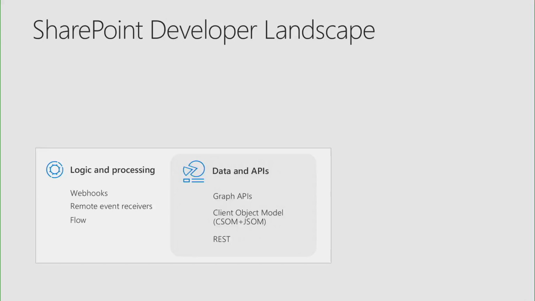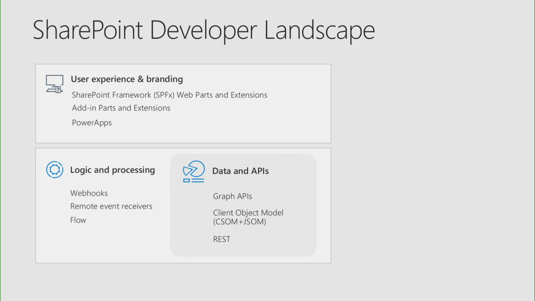So when you think about the SharePoint developer landscape, we have this three-stage diagram where it starts with the data and APIs in SharePoint. SharePoint has lists and libraries and sites infrastructure. And so there's a set of APIs that you can use to access them. There's a logic layer that sits on top of it, and common tools for working with that logic layer are things like webhooks and Flow and remote event receivers. And then finally, there's a user experience layer on top of SharePoint.